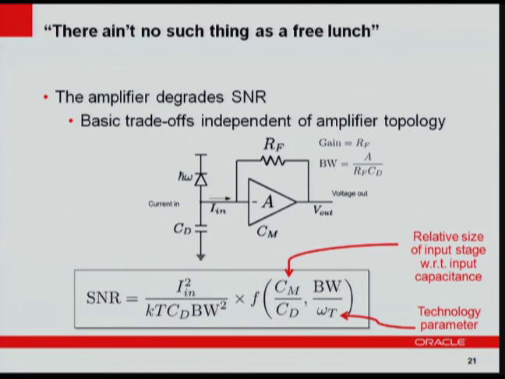CD you already know. So this function only depends on the ratio between these two. And here is the bandwidth and omega t. Omega t is a technology parameter that corresponds to the gain-bandwidth product of 1. So for higher technologies, this would be a larger number.